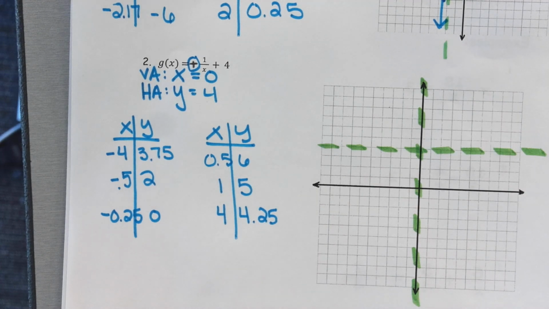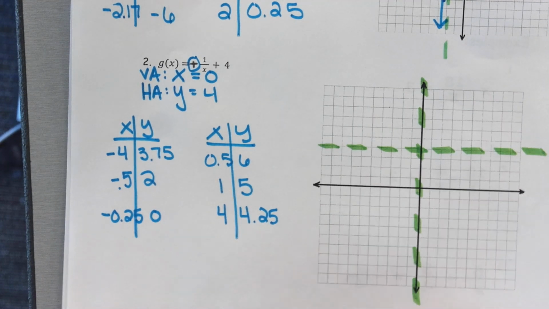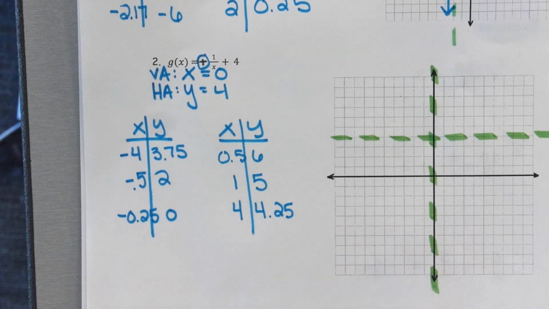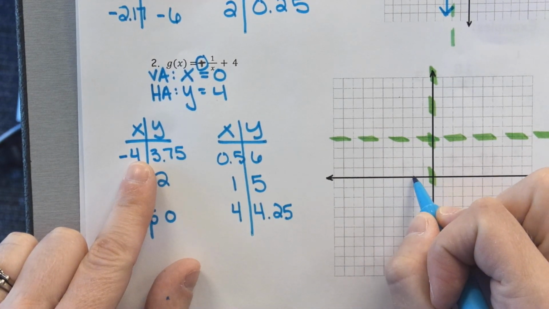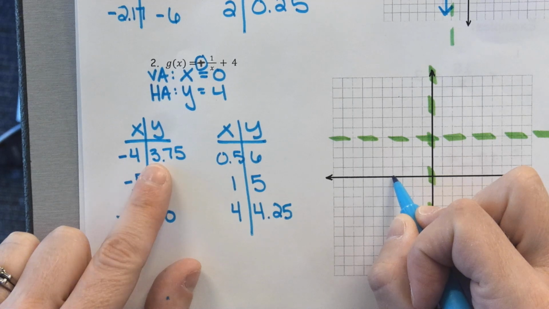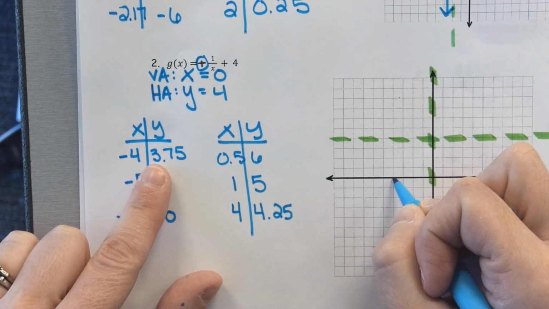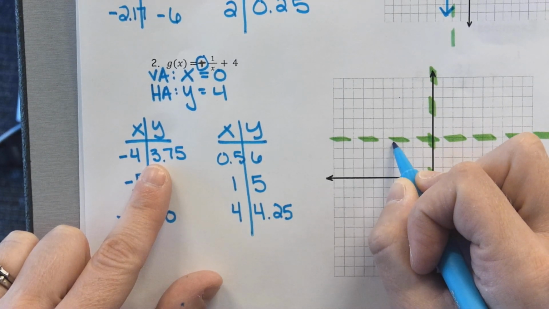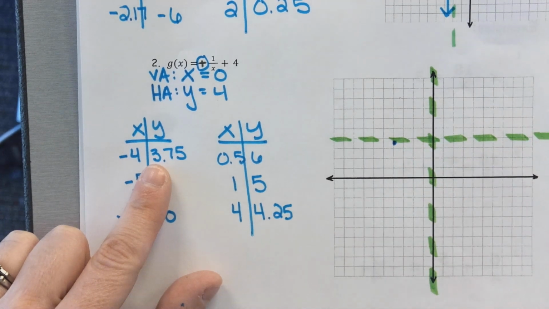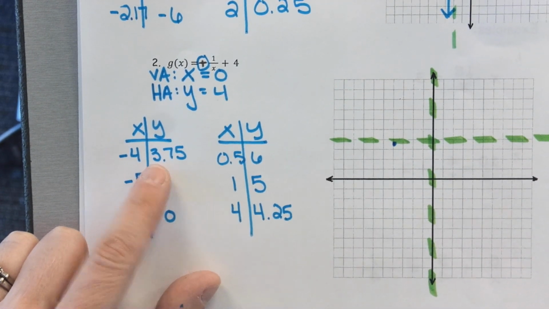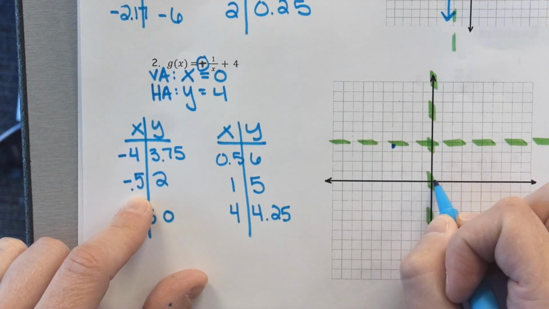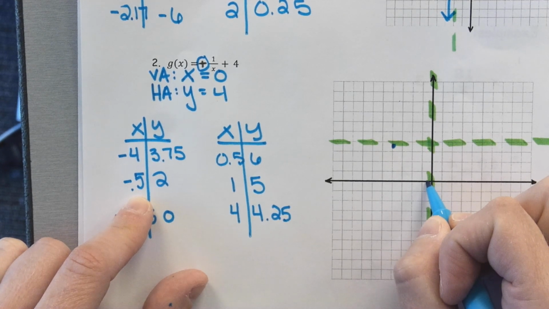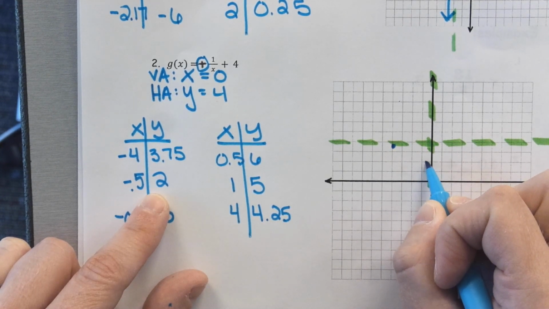How are we doing so far? Okay. I'm going to graph this arm first. -1, -2, -3, -4, and I'm up 3.75. 1, 2, 3.75. -0.5, so I'm going to go halfway between 0 and -1, and I'm going to go up to 2.